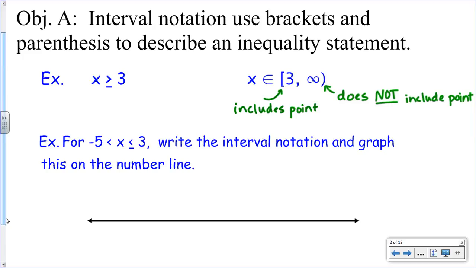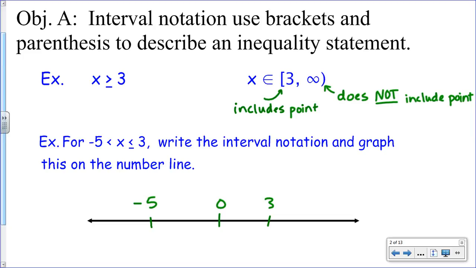When you graph these on number lines, I don't need to see every single little mark like -10 to +10. Just really basic. Use 0 as a placeholder, so I'm just going to put 0 in, and then -5, that's left of 0, +3, that's right. Okay, so that's all I need to see.